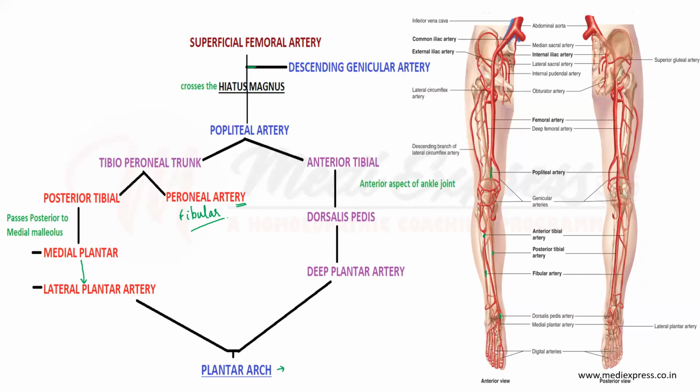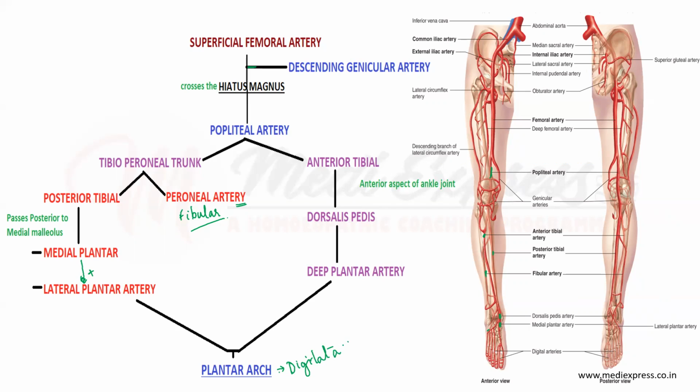It passes posterior to the medial malleolus and gives rise to medial plantar artery as well as a lateral plantar artery. Two branches you can see. These two again will help in the formation of a plantar arch. And again, after the plantar arch, we have the digital arteries.